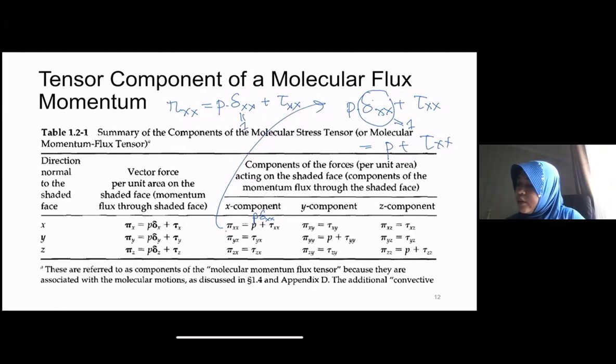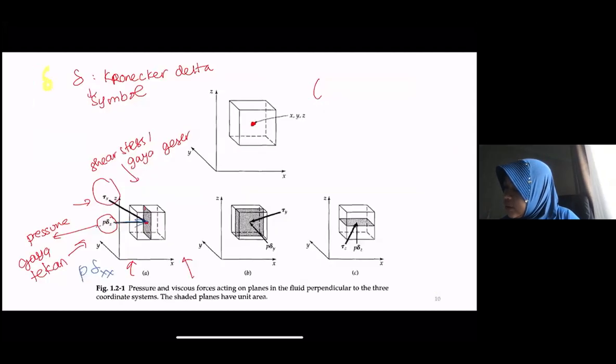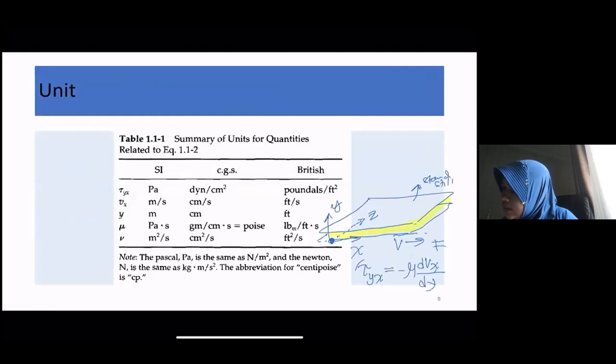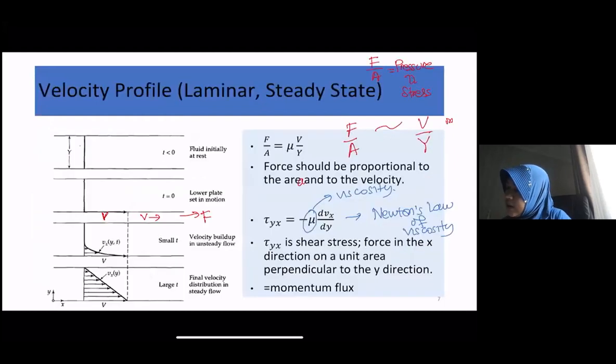Okay, I think I need to write it down, so you can write it down too. For example, tau yx is the force in the direction of x per unit area perpendicular to the y direction.